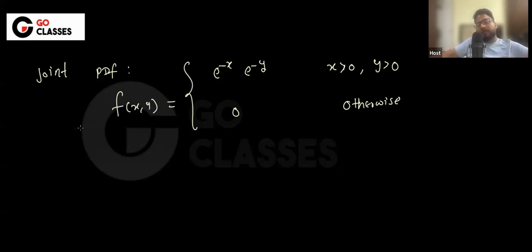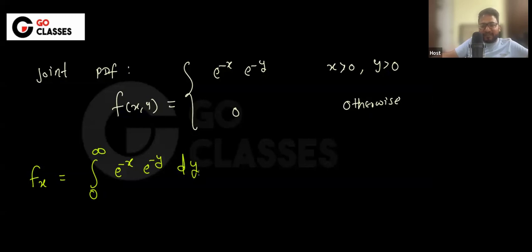Now let's suppose you want to find the marginal PDF. What will you be doing? fx equals the integration from minus infinity to infinity, or since it ranges from 0, 0 to infinity, of e power minus x, e power minus y. dx or dy, tell me.